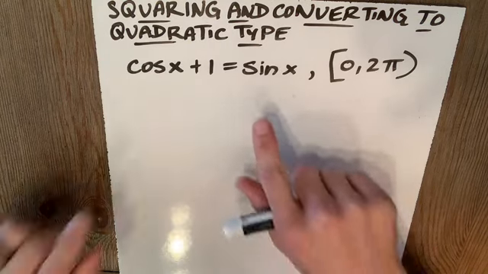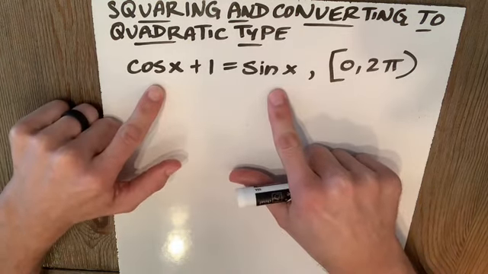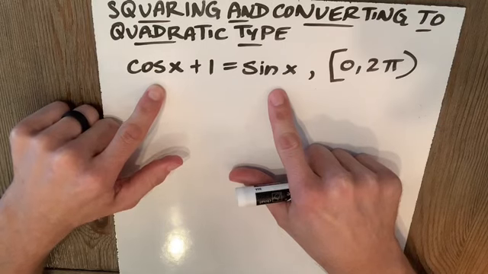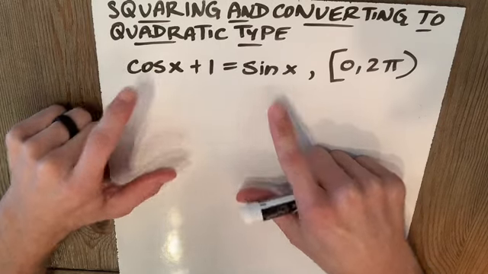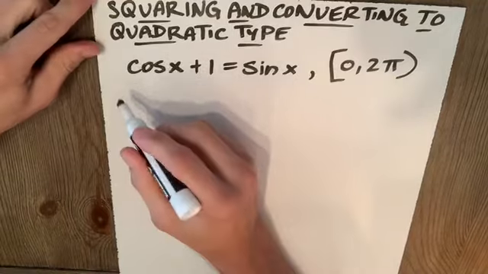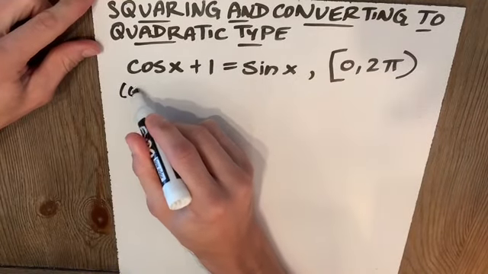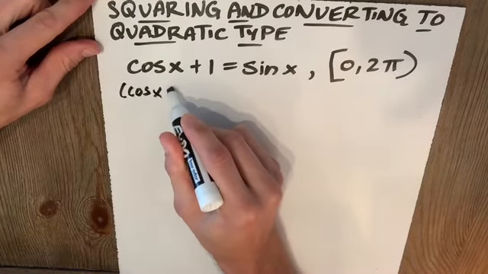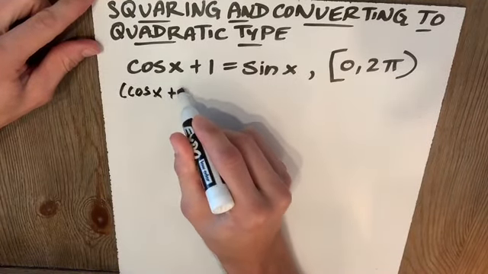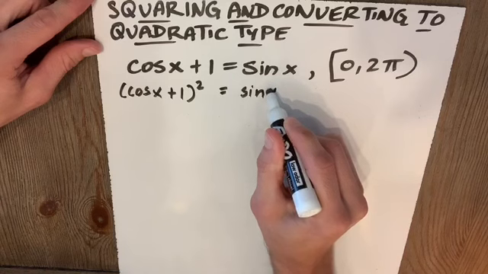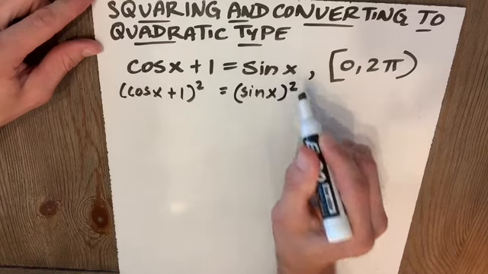So we're given this, and I want to write this all in terms of cosine or all in terms of sine. Because I really don't have any other options, the link between sine and cosine, remember, is sine squared x plus cosine squared x equals 1.